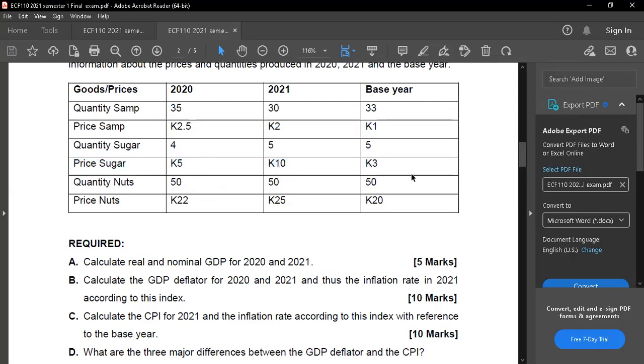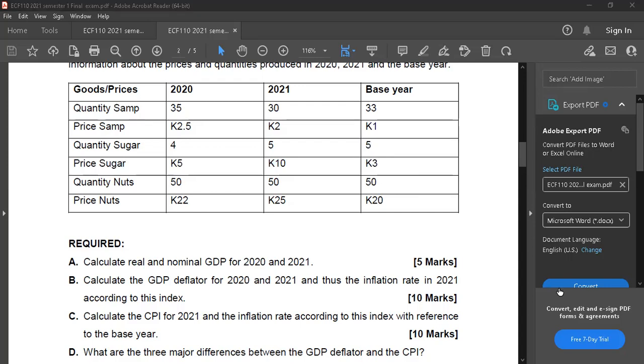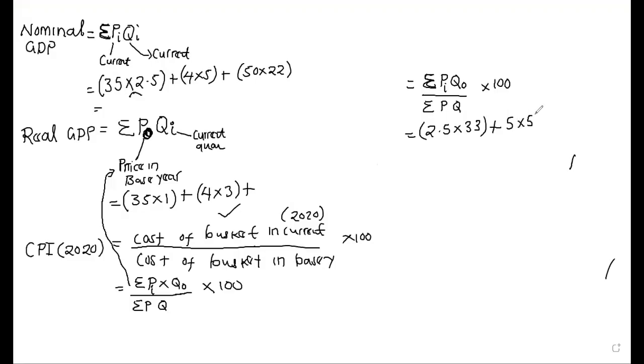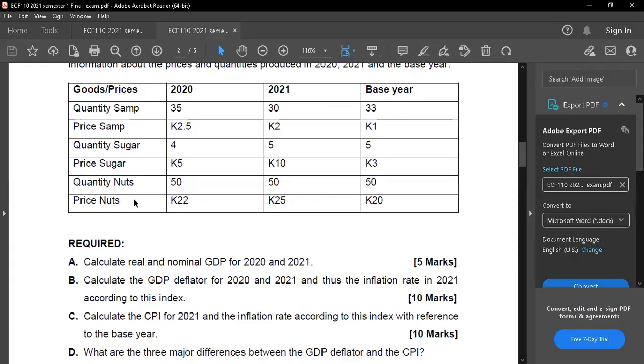So we're going to say 5 times 5. Are you okay now? And then we say plus, what's the other one remaining? We have the nuts, right? Is it not 4 times 5? No, remember I'm saying prices: get the current price, multiply by the quantity in the base year.